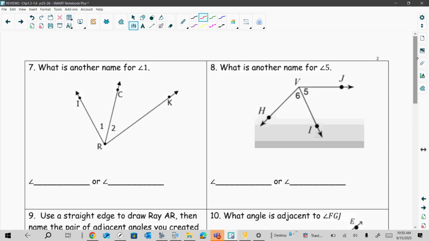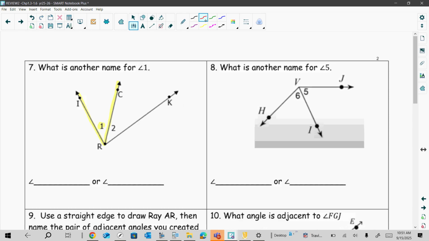another name for angle 1. Understand angle 1 is indicating CRI. The 1 is in the interior. So we're basically using the rays RC and RI to make that angle 1. We need 3 letters to name that.